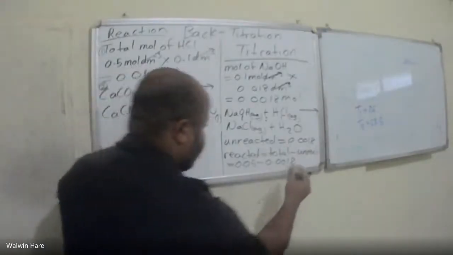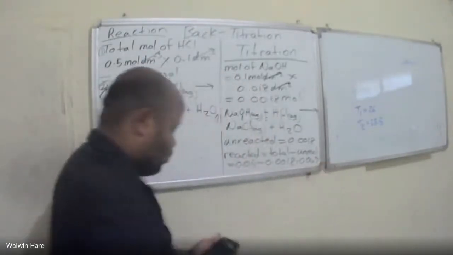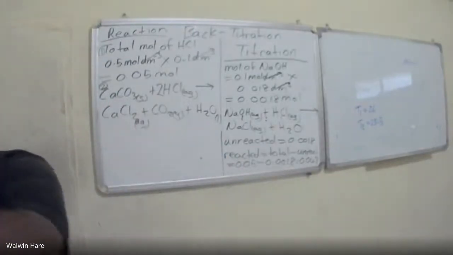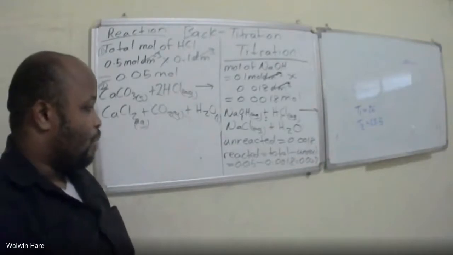All right, so 0.048 moles. All right, so that's the amount of HCl that actually reacted with the calcium carbonate.